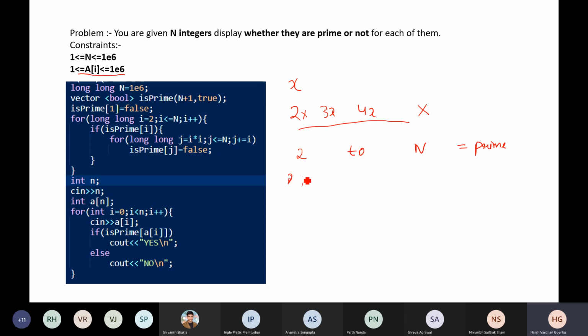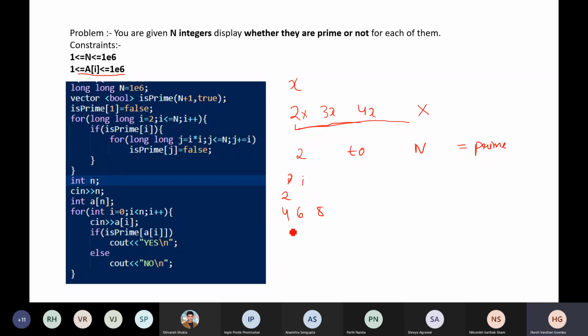When we come to i, if it has not been marked as composite till now, which means there has not been any other prime or factor that divides it, then I can say surely that it is a prime number. If it is a prime number, I'll mark all its multiples as composite numbers. First I come for 2, then I'll mark 4, 6, 8, and so on up to n, all its multiples as composite.